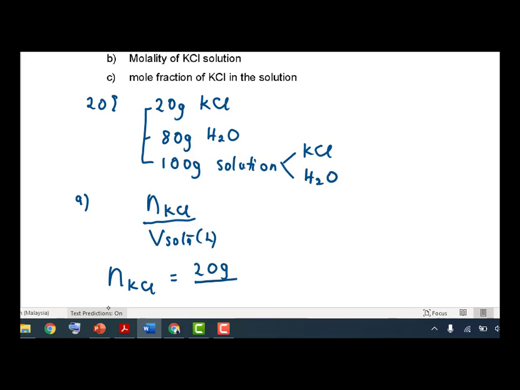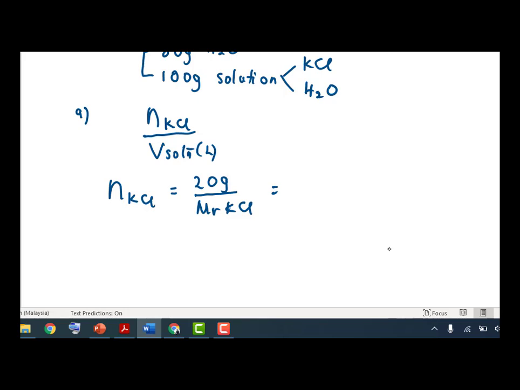So, you divide by the molar mass of KCl here. The answer, mole of KCl, is 0.2681 mole.